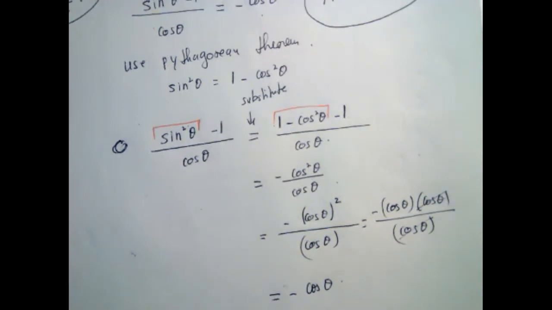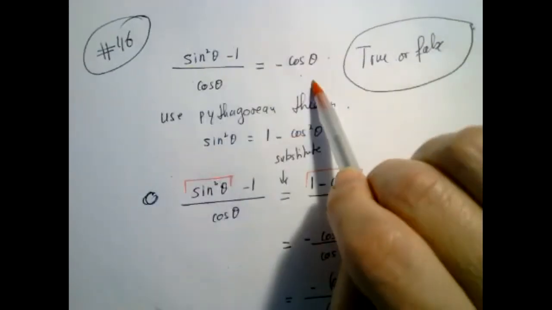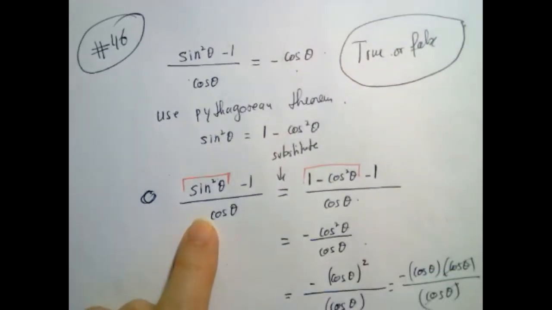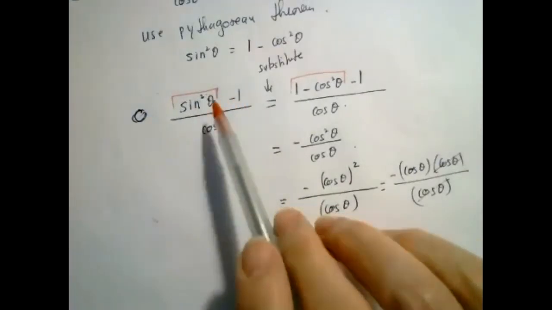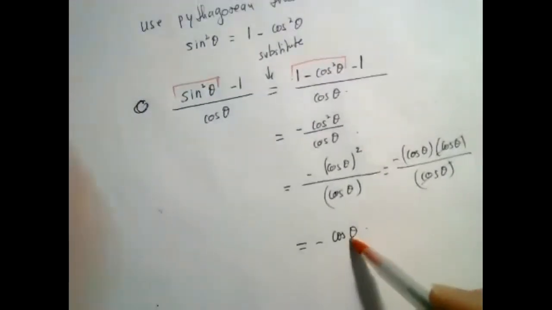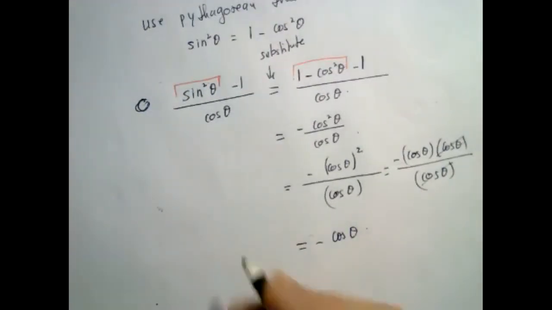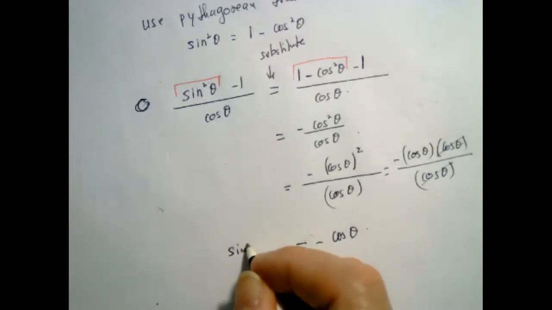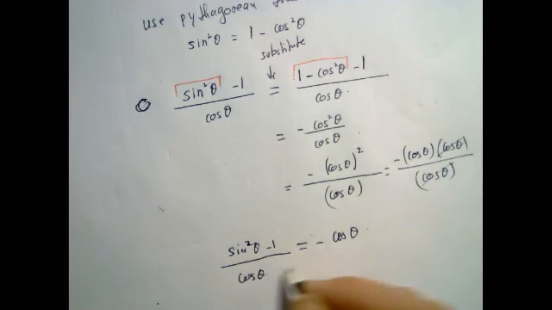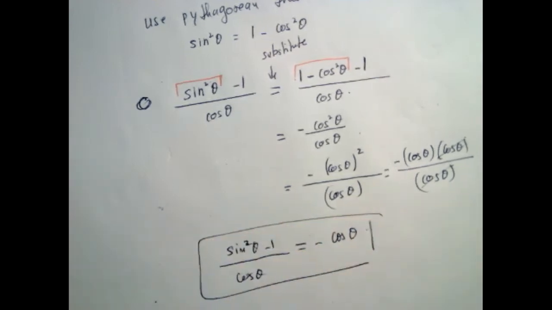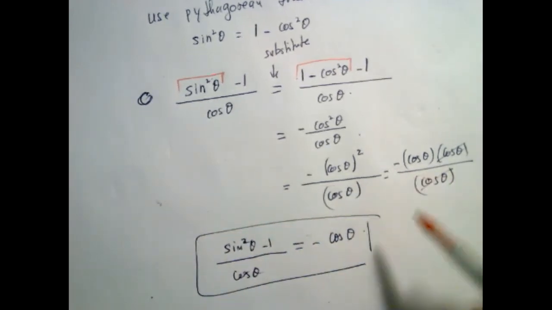So, of course, now, is it true or false? What do you think? It means, is this equal to that? We actually verified it: if I start here, I get exactly minus cosine. So this is actually equal to that, and the only way we were able to do it is by showing the work.